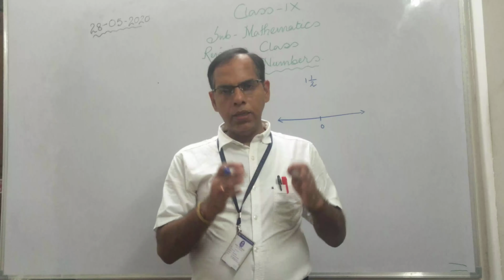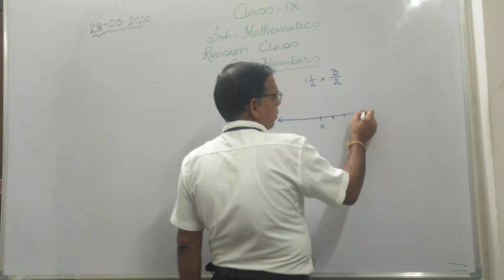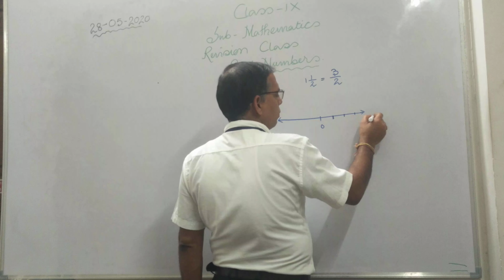Now you take the scale and take equal spaces, maybe 1 centimeter gap. After each 1 centimeter give 1, so that is 1, then 2, then 3, and so on.